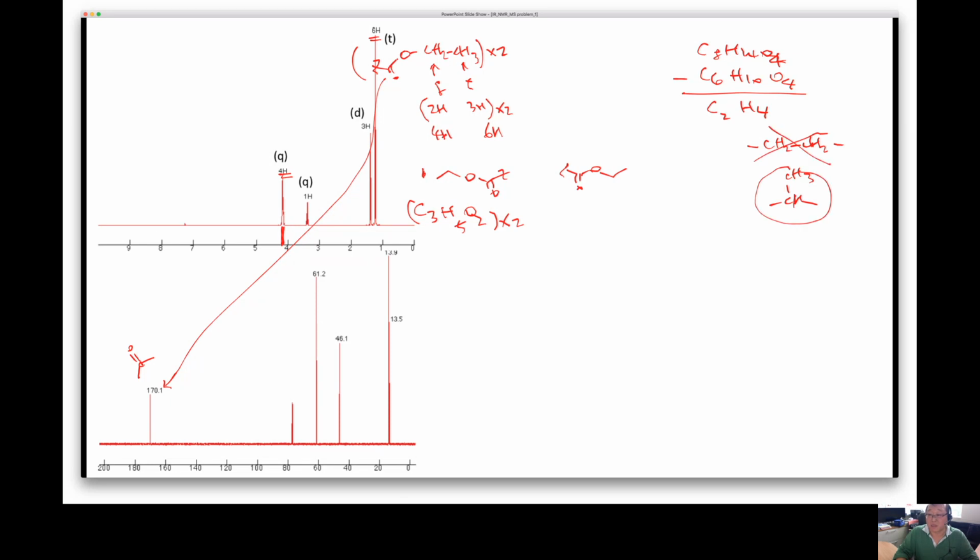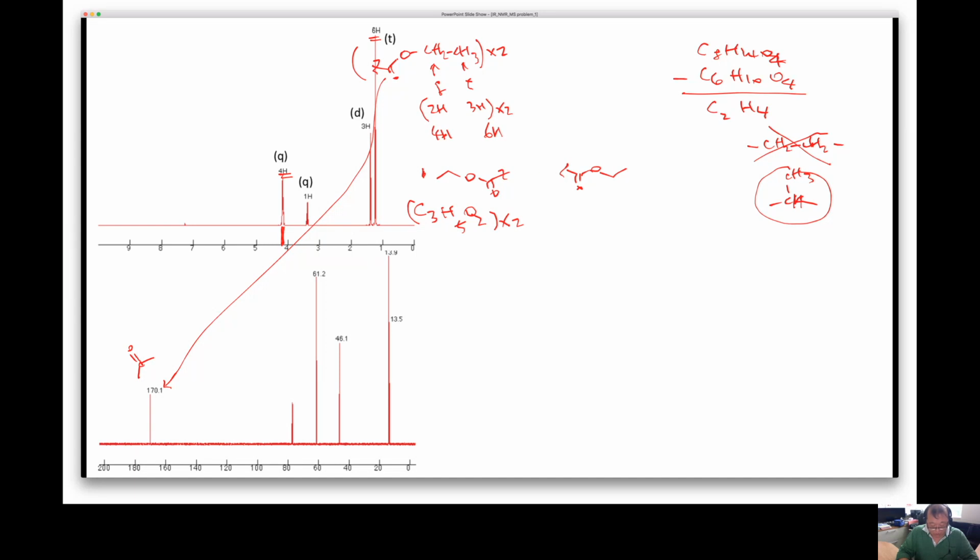That way, this hydrogen is going to be the quartet, that's this quartet right there, and this hydrogen is going to be the doublet, which is right here. And why these are so de-shielded is because of this CH right there.